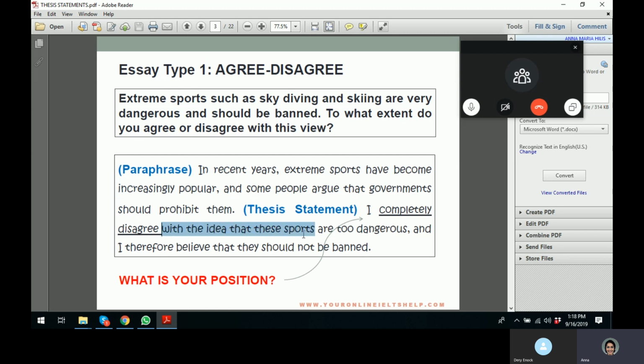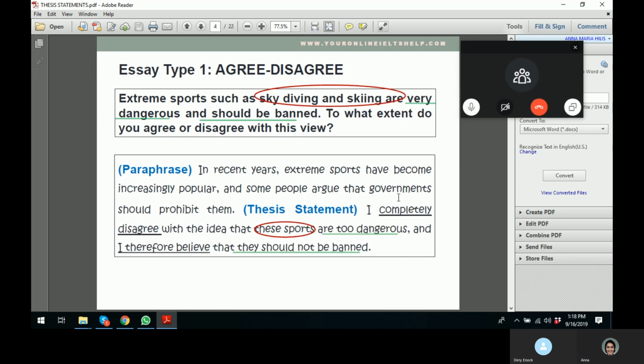With the idea that sports are too dangerous. So this too dangerous here is mentioned in the task as very dangerous. And therefore, I believe, this is your opinion, that they should not be banned. Is that clear? Yeah, it's clear.